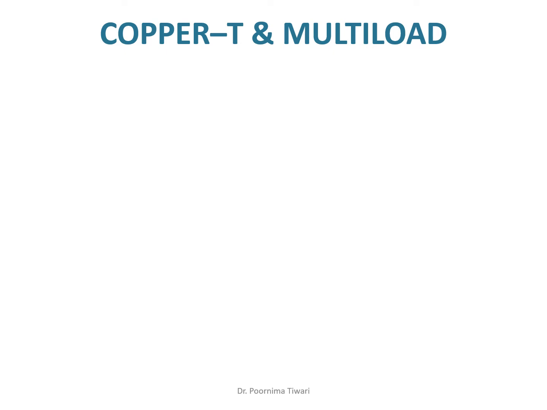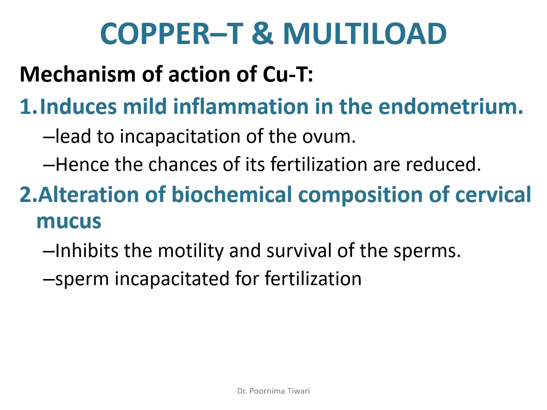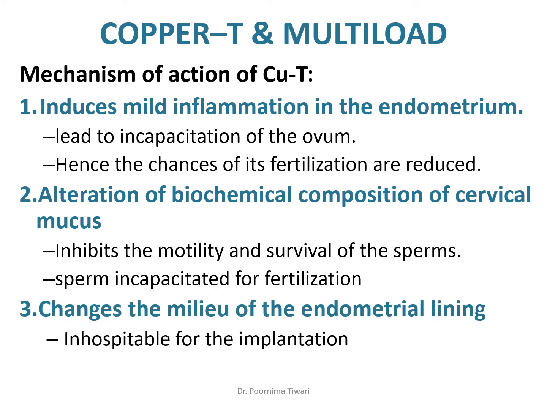Copper T and multi-load are copper containing intrauterine devices. The mechanism is the copper, which is slowly released, induces mild inflammation of the endometrium and thereby leads to incapacitation of the ovum. Also, it alters the biochemical composition of the cervical mucus and it inhibits the sperm motility as well.